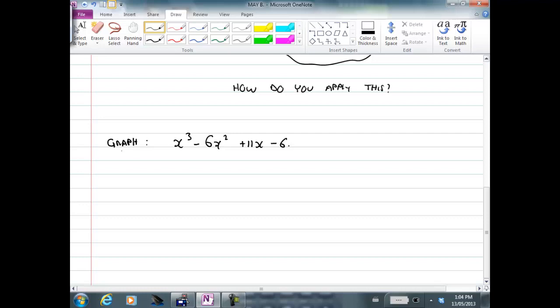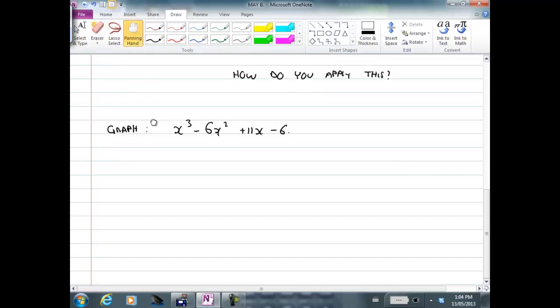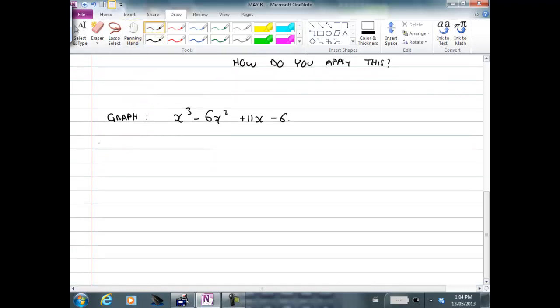Number 1, when you graph, these are the steps I want to see in detail. Steps to success. Double C, double S, and you always succeed. 1. In every graphing question, what I'm looking for is, can you find the y-intercept?